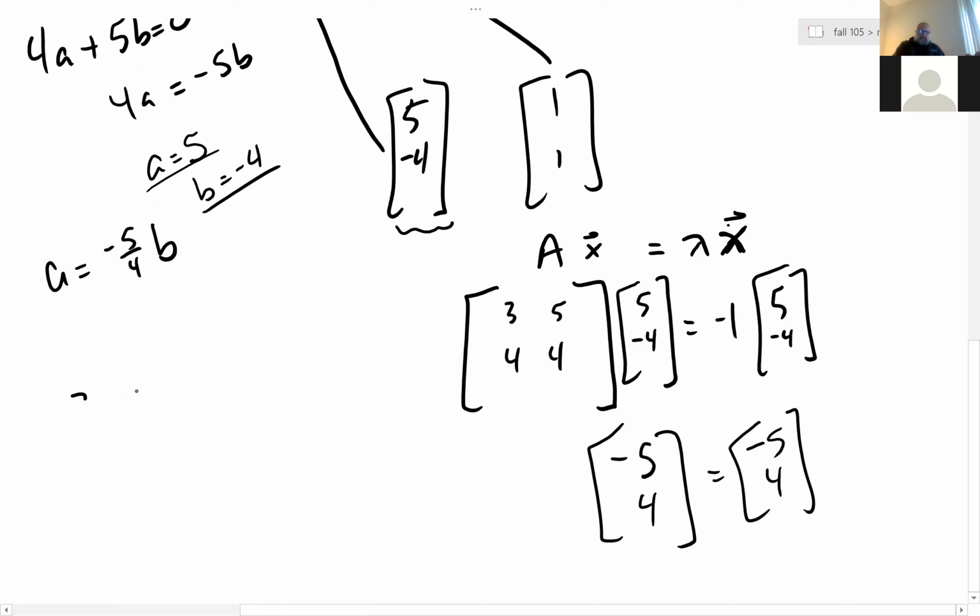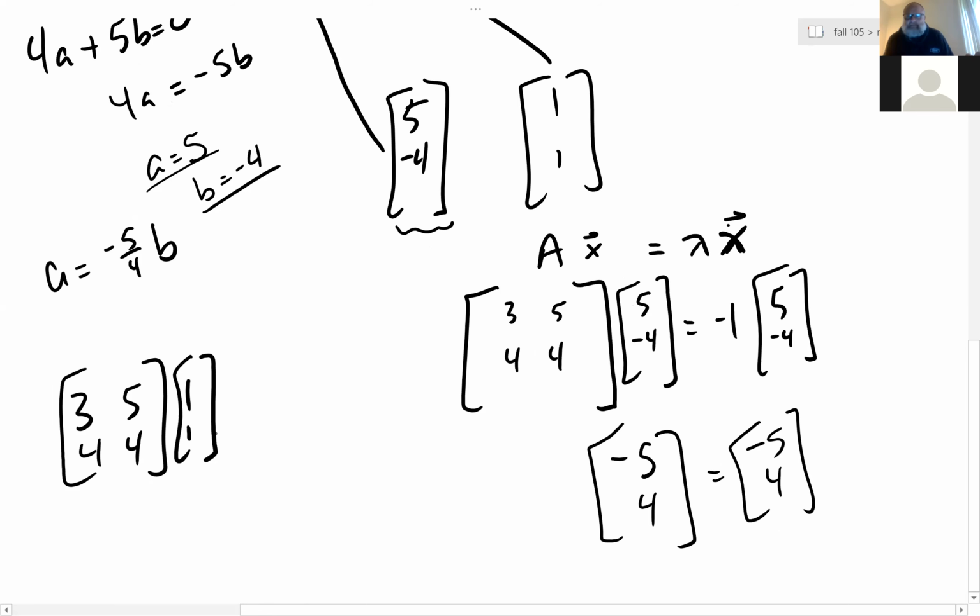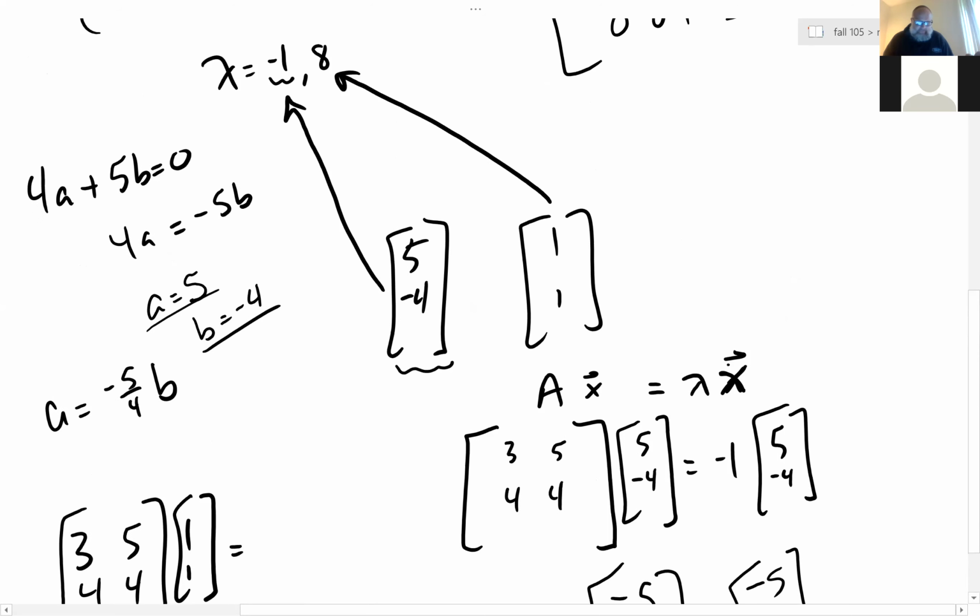So 3, 5, 4, 4 times our other vector. But remember, isn't that the one I just used? However, what was I using? I was using the other eigenvalue. I was using the wrong eigenvalue for that one.